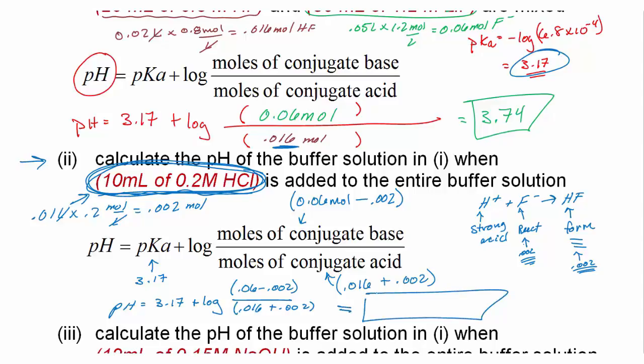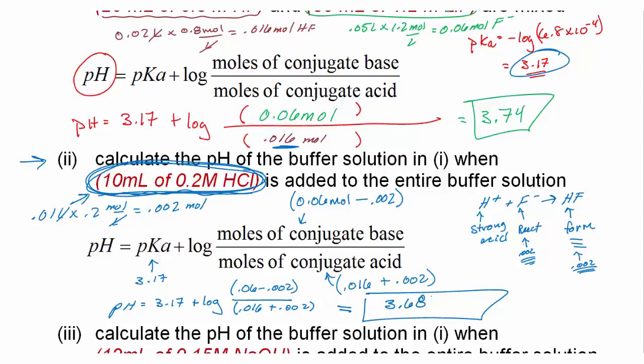We get our answer. 0.06 minus 0.002 equals 0.058 divided by, I'll use some parentheses here, 0.016 plus 0.002, close parentheses, hit equals, take the log, add 3.17, about 3.68.